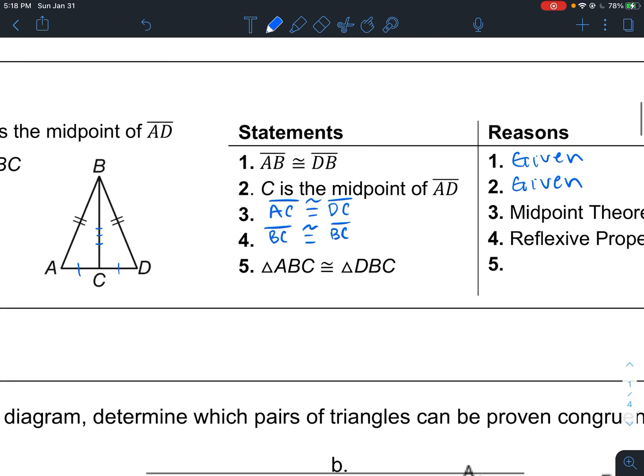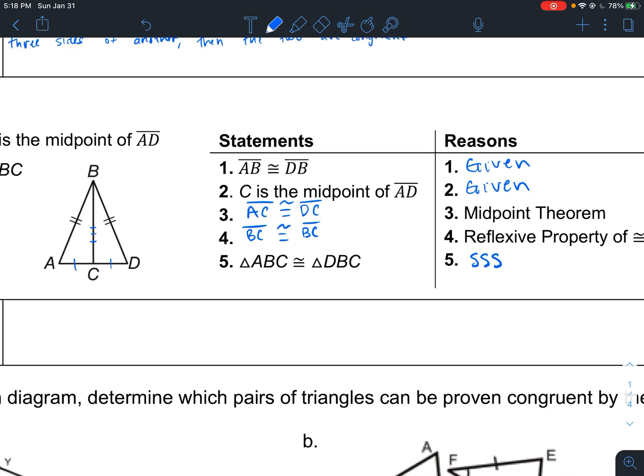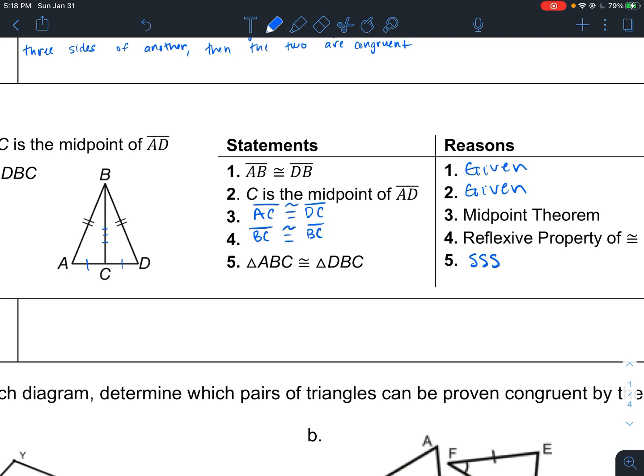So, because we know that all three sides of these two triangles are congruent, we can conclude that these two triangles are congruent, and that's by SSS, side, side, side postulate. Because again, these sides are congruent, these sides are congruent, and this side is congruent with itself, right?